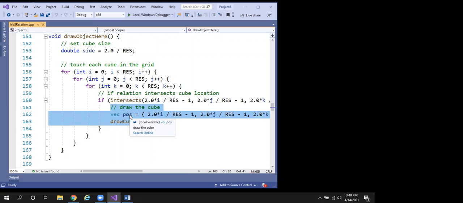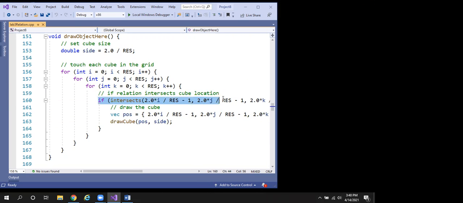Calculate the position of the cube and draw it if that cube is intersected by my relation, okay? So think about this for a second. You have this big old grid of cubes, a 3-dimensional grid of cubes. You have a surface that curves and twists inside of that grid of cubes. And what you want to do is only draw the cubes that the surface intersects, right?